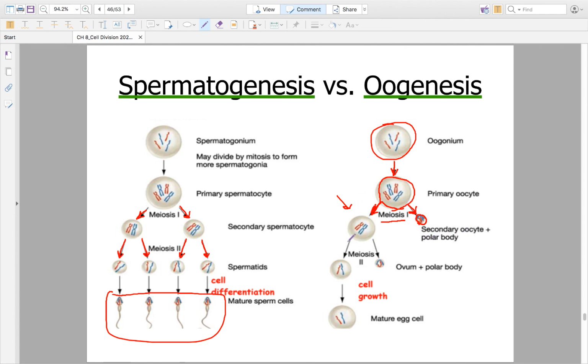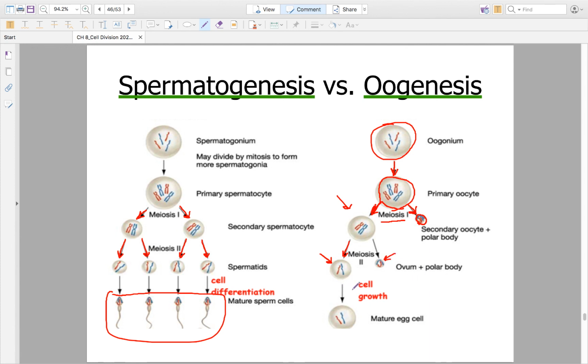Okay, then when meiosis 2 happens, you'll see the cytoplasm will lean over to one side, and basically the same thing will happen. The sister chromatids will be split up. The cell will technically divide, yes, but if the cytoplasm and plasma membrane lean over to one side, then we end up with one cell and another polar body, which is fine as long as the chromosomes are separated.